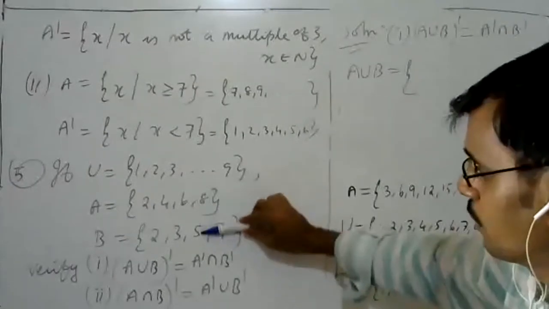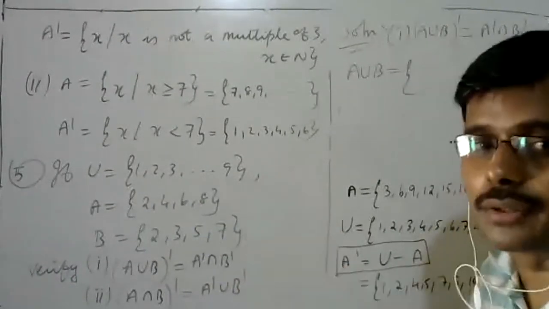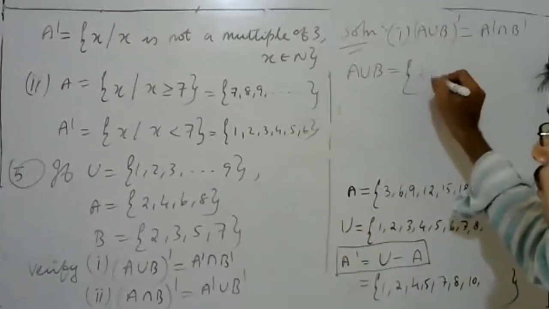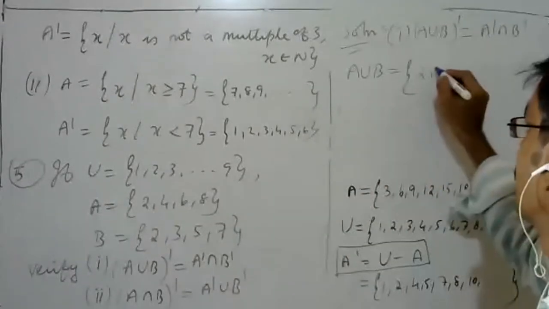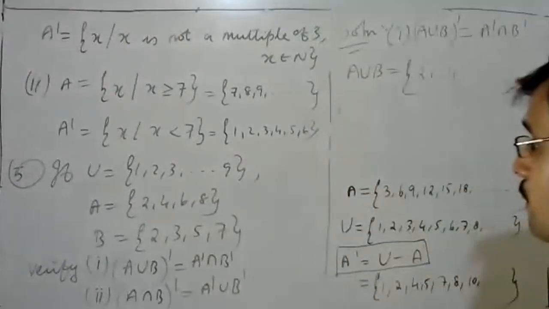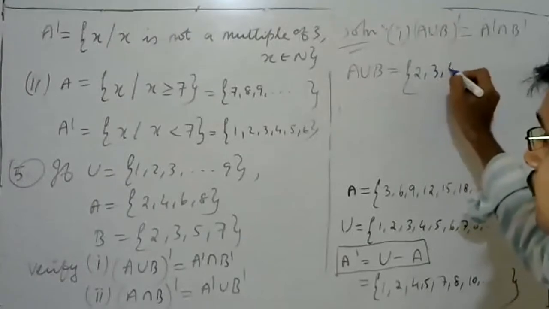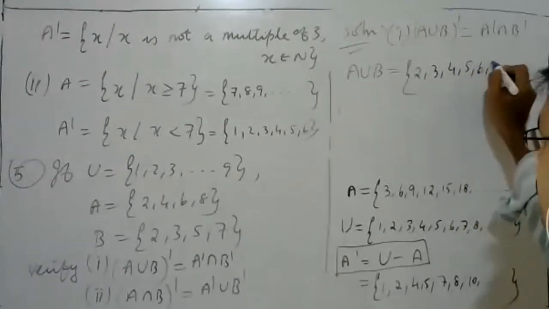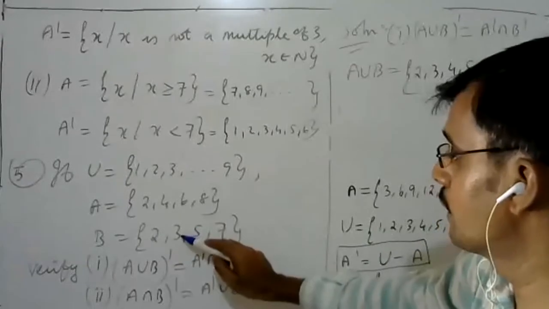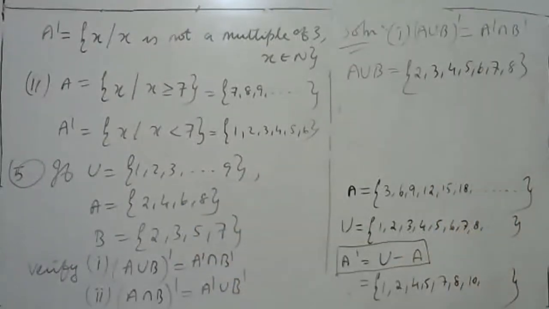A union B means take all the elements in A and B. So 2, 3, 4, 5, 6, 7, 8. Therefore this is given.